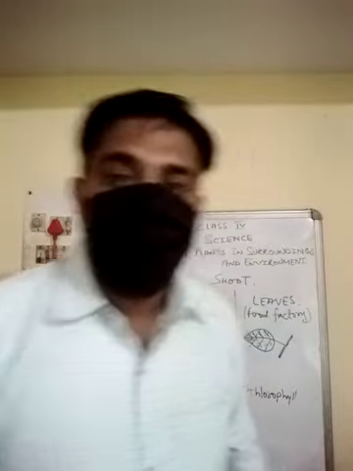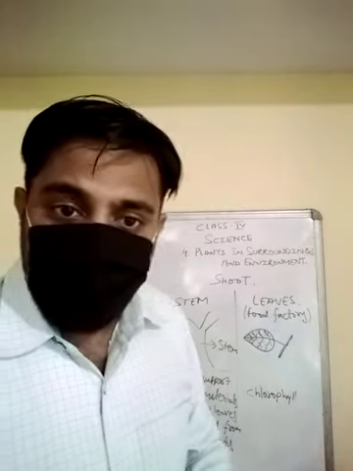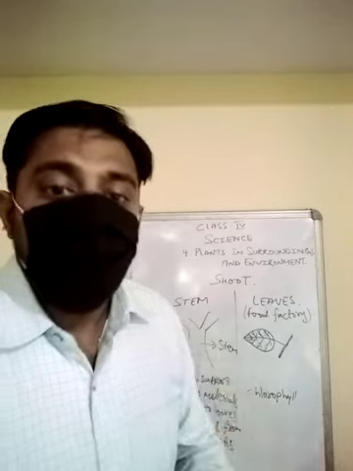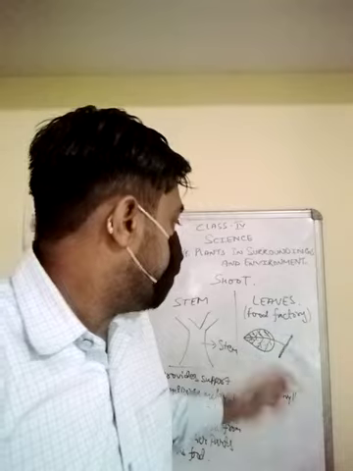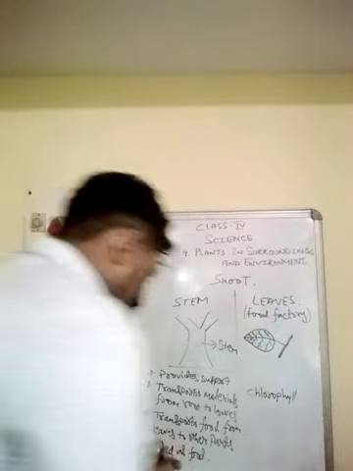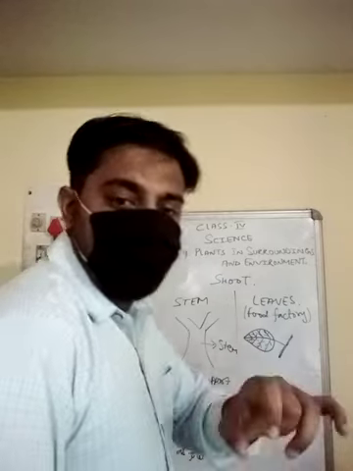In your previous video, I told you that plants need air, water and sunlight to prepare their food, and that sunlight is trapped by chlorophyll, the same chlorophyll which gives leaves their green color. I talked about color because I cannot show green color here, so I explained it to you beforehand.